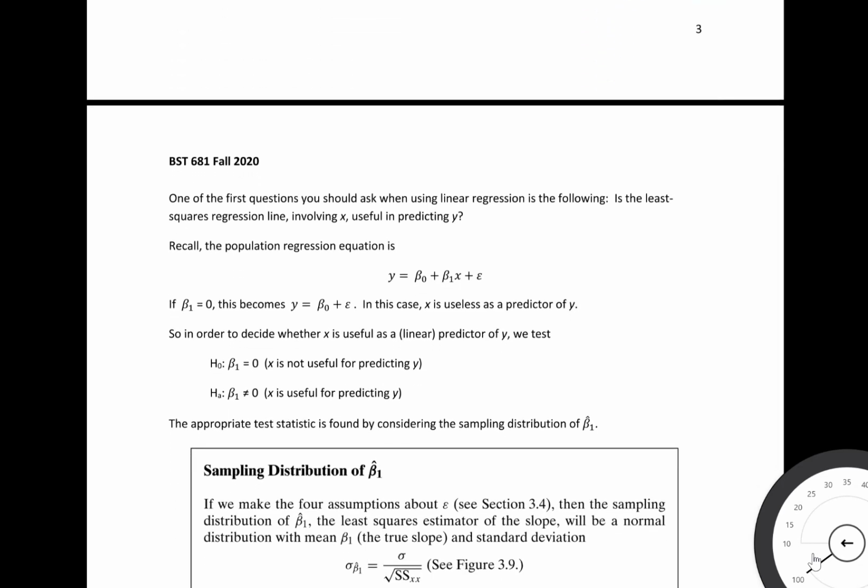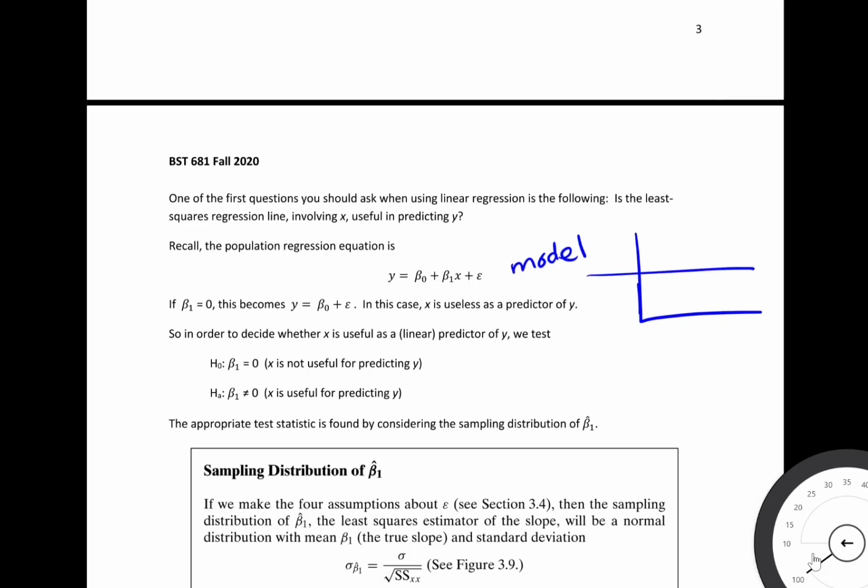So we always want to ask ourselves, is that x that we have useful in predicting y? Recall that the population regression equation, this is our model, if our slope were to become equal to 0, then we would just have y is equal to the intercept plus epsilon. So in this case, x wouldn't be providing any information about y, because if we think about what this model would look like on our plot, it would just be a straight line model.